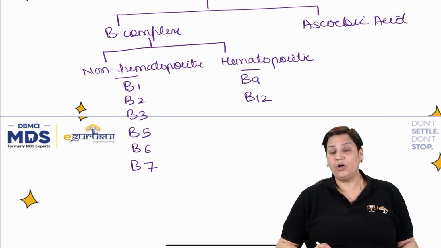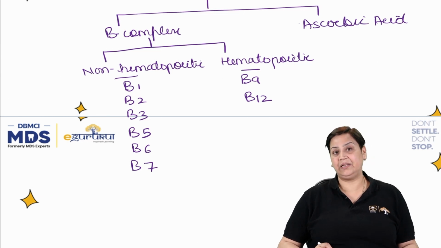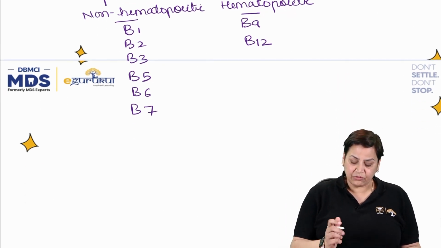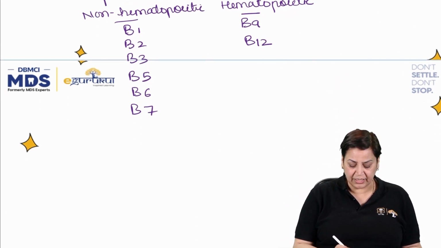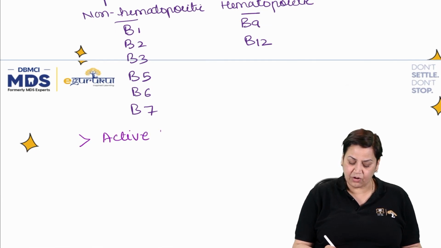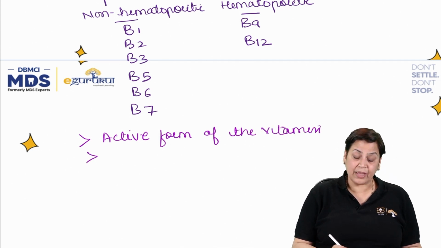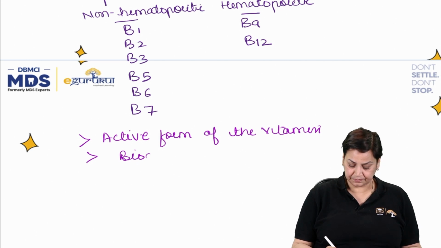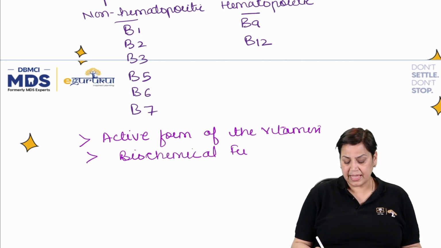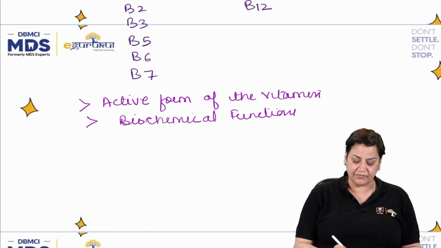Now what you have to remember in vitamins, you have to basically focus on three things: the active forms of the vitamin, the biochemical functions, and the deficiency manifestations.